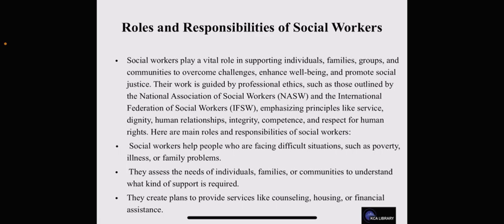Someone that is passing through depression, you can't just go there and try to help by giving him or her money, because what he or she is going through is different from the kind of solution you are rendering. Although money might also be the issue, in most cases it is not money.